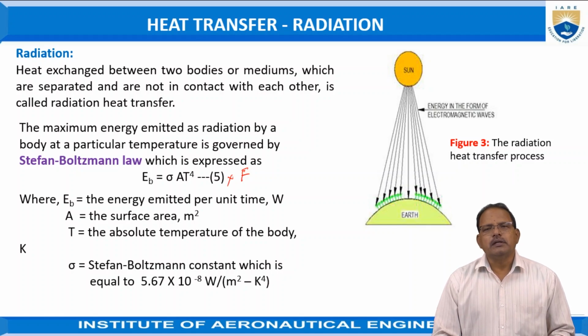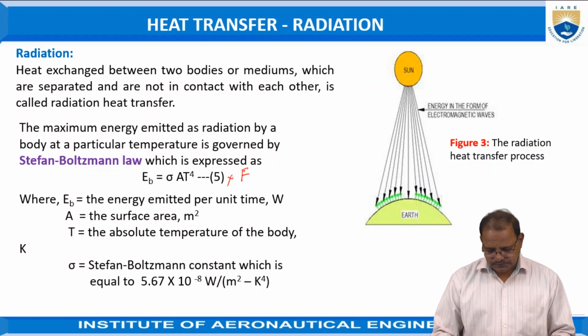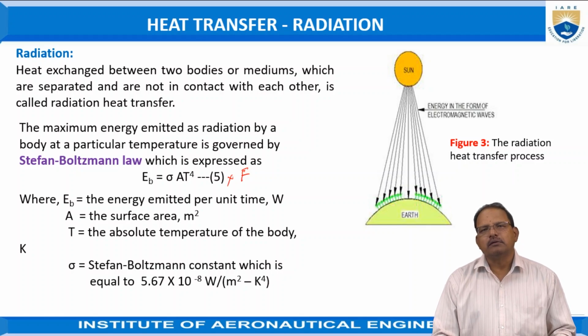T is the temperature of the hot body, and sigma is the Stefan-Boltzmann constant, which is equal to 5.67 into 10 to the power of minus 8 watts per meter square per Kelvin to the power of 4. This is the equation which gives the amount of energy that is radiated, that is reaching the other object. So it is given by sigma into A into T to the power of 4.